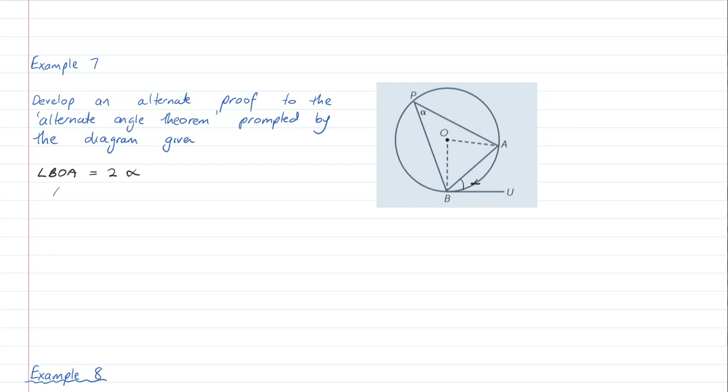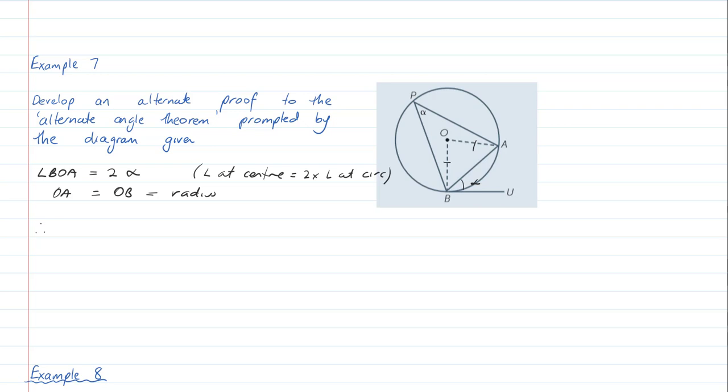And I'm also going to say that OA is equal to OB is equal to a radius. Now this one here is circle theorem 1, which is angle at center equals 2 times angle at circumference. And these are radii because they're just given by the circle.